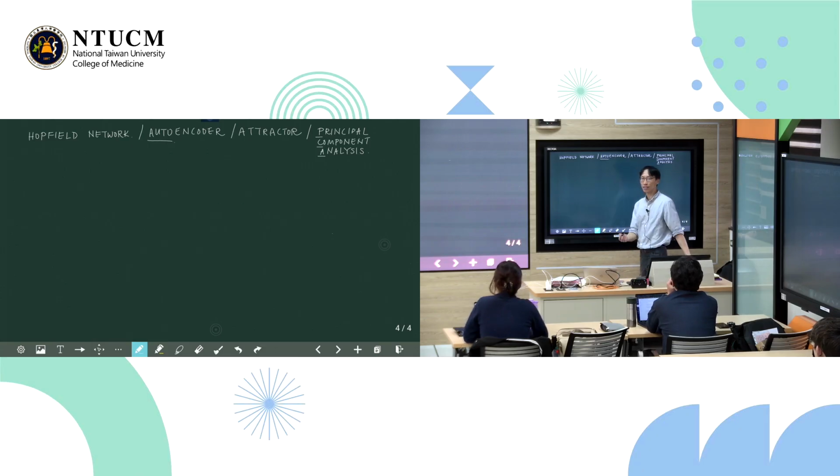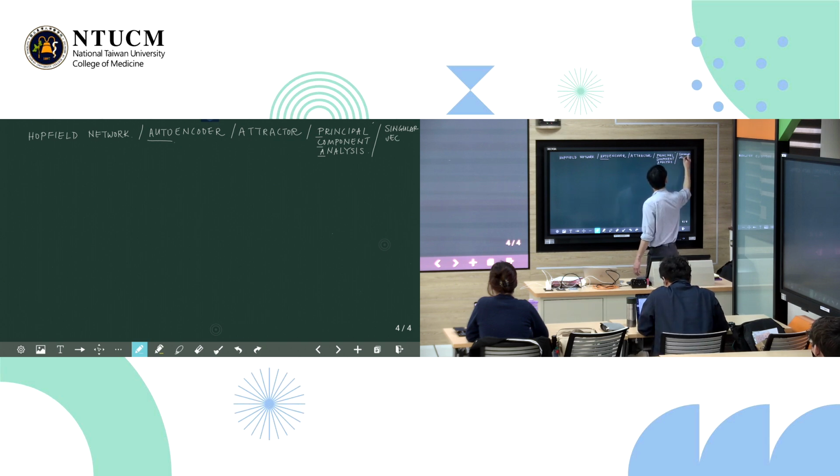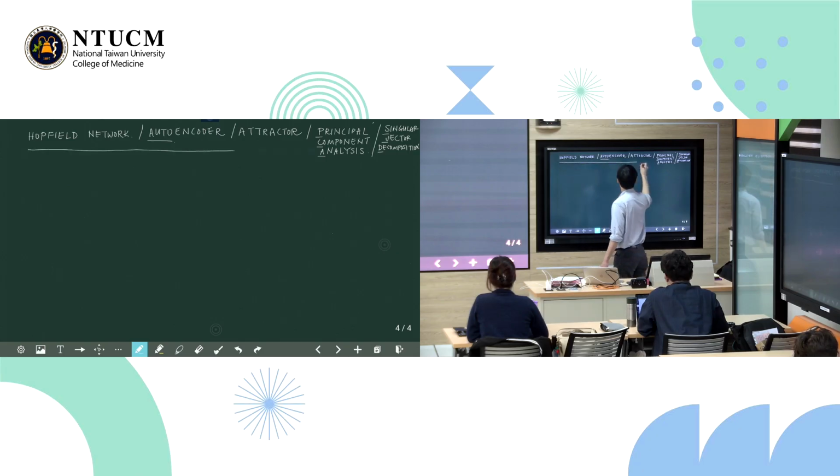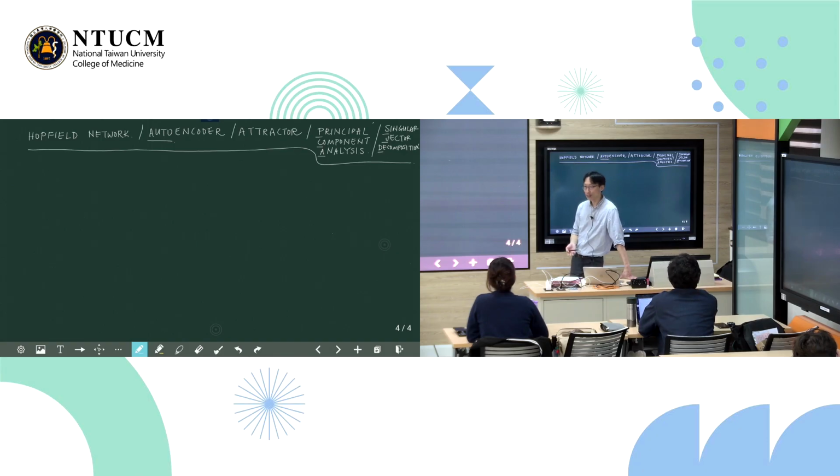And if you know PCA, you will know that it is a singular vector decomposition, SVD, okay? When you do PCA, you are also doing SVD, or rather, to do PCA, you actually do SVD.